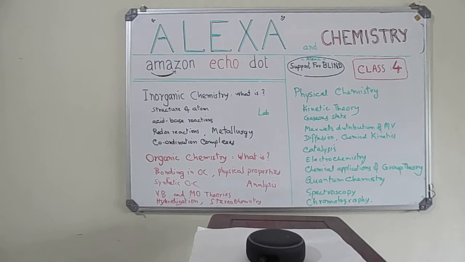Define valence. Alexa, define valence bond theory. Valence bond theory is usually defined as a theory explaining the chemical bonding within molecules by discussing valencies, the number of chemical bonds formed by an atom. Alexa, define molecular orbital theory.